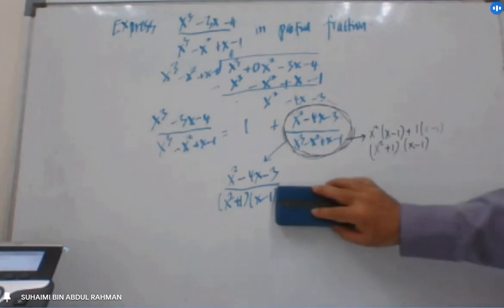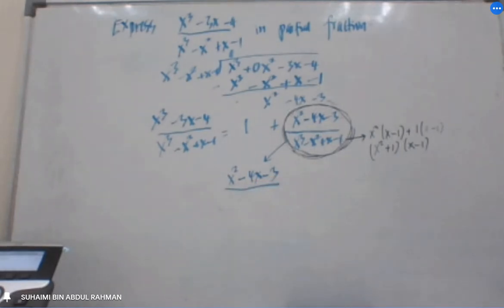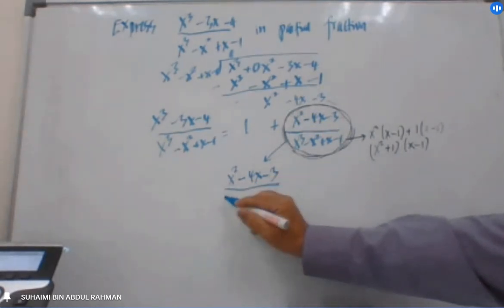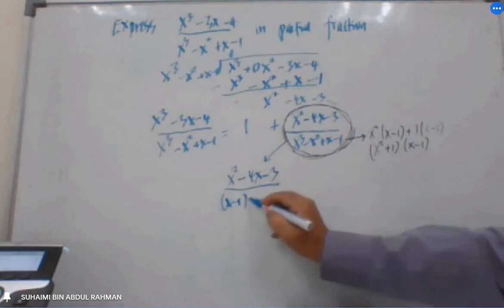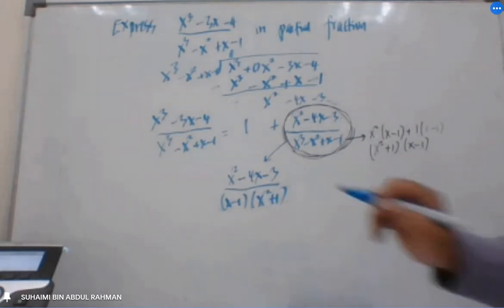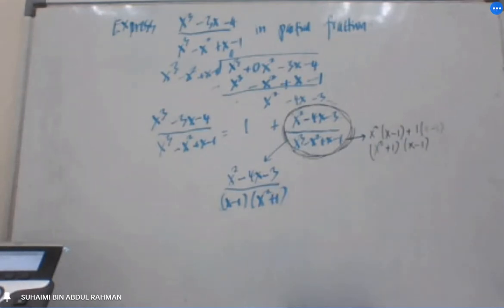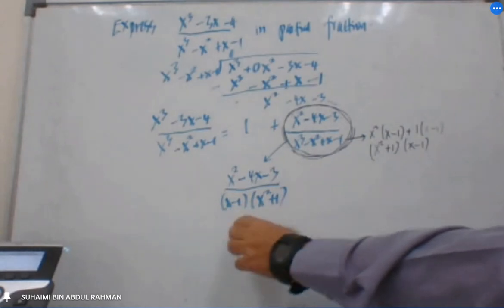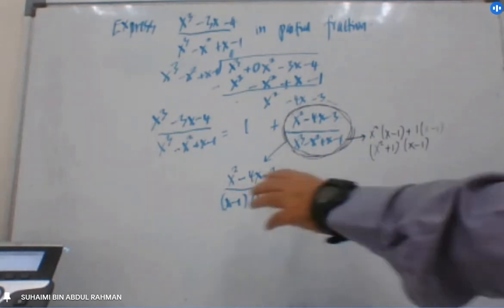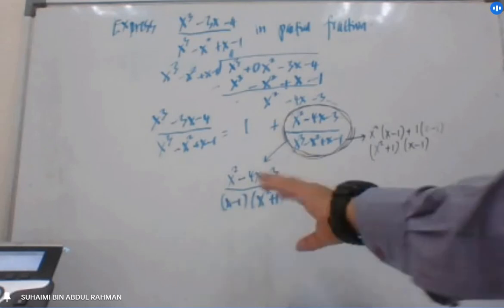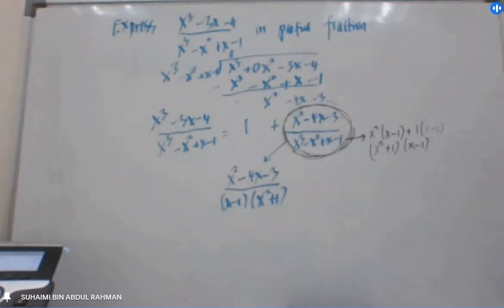We can write x minus 1 first and then x squared plus 1, the same, just as 2 times 3 is the same as 3 times 2 because of the commutative law. What type of factors do we have for our g(x)?